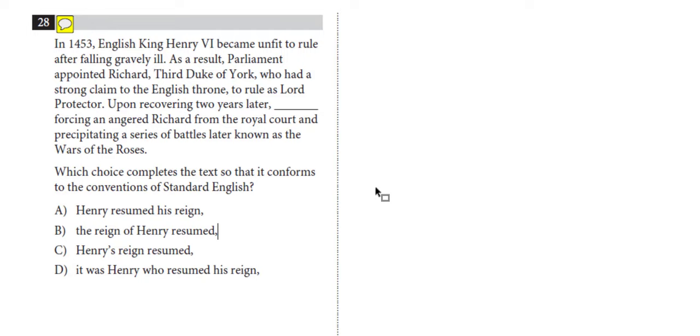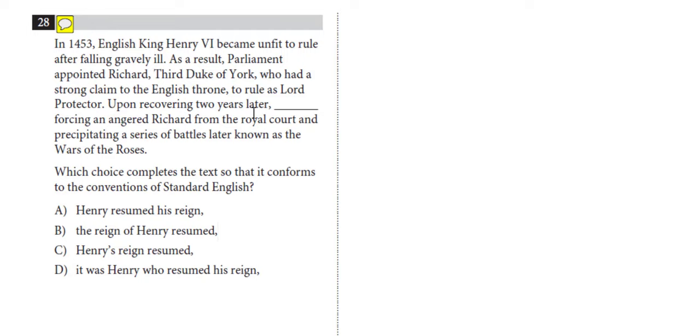So let's get started. I'm gonna read now. In 1453, English King Henry VI became unfit to rule after falling gravely ill. As a result, Parliament appointed Richard, 3rd Duke of York, who had a strong claim to the English throne, to rule as a Lord Protector. Now this is the new sentence.